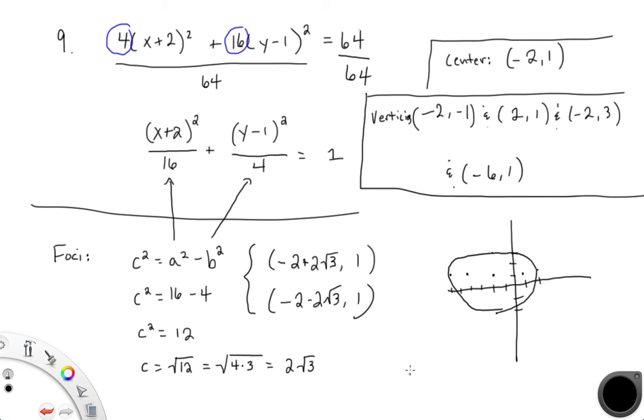Let's see. So the eccentricity is defined as the ratio of the distance between the center of the ellipse and each focus to the length of the semi-major axis.